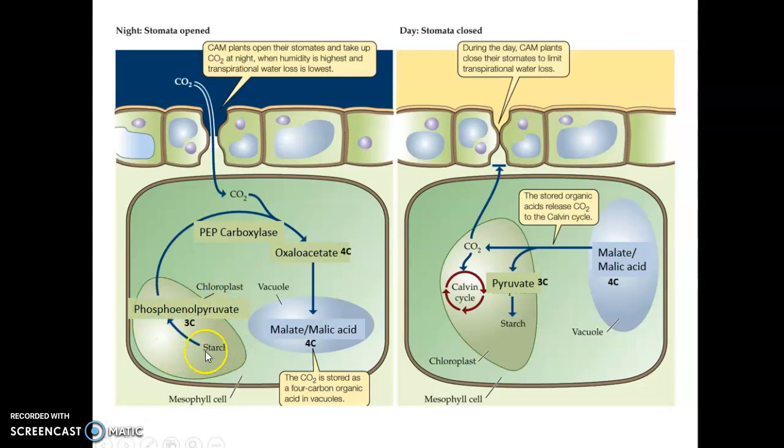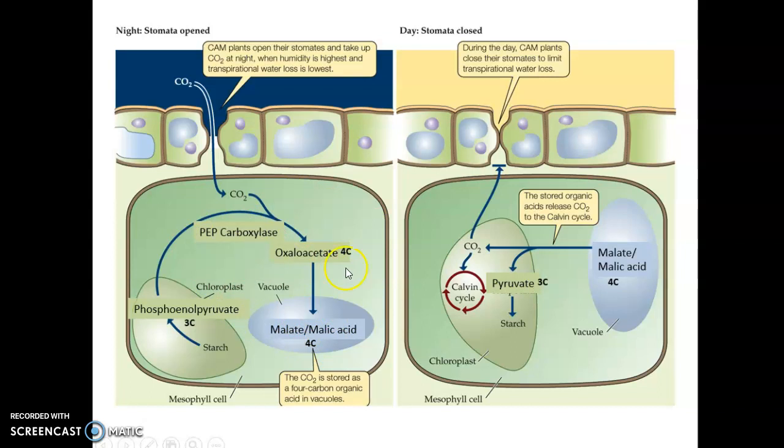This 3-carbon molecule is fixed with carbon dioxide by the enzyme PEP carboxylase, converting to oxaloacetate, a 4-carbon molecule. Oxaloacetate undergoes reduction, receiving electrons from NADPH, which is not shown here, and is converted to malate. Malate is stored in a vacuole. This occurs at night.